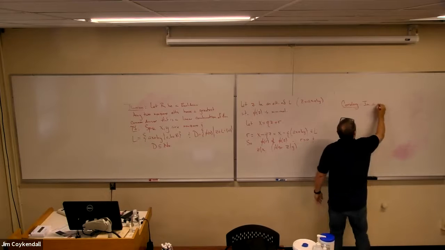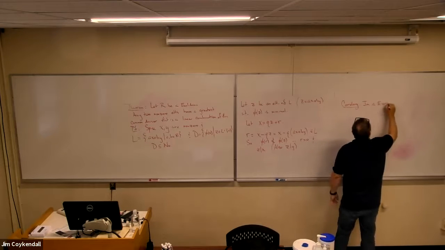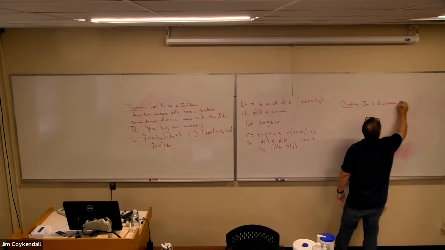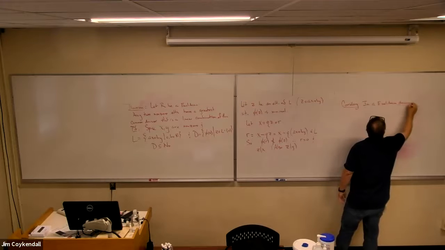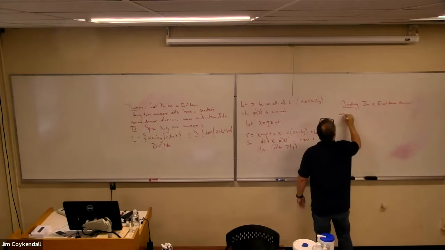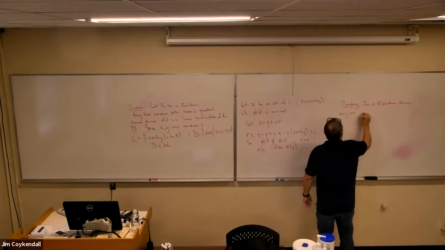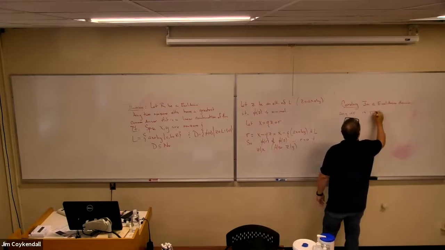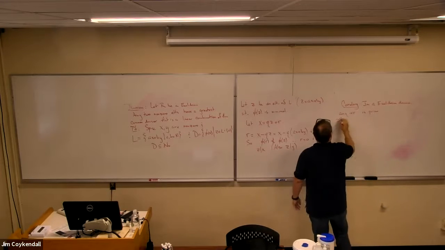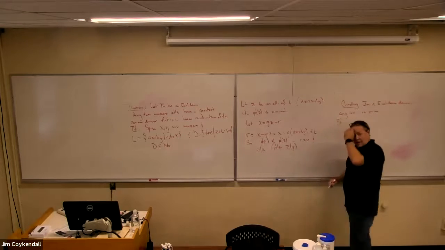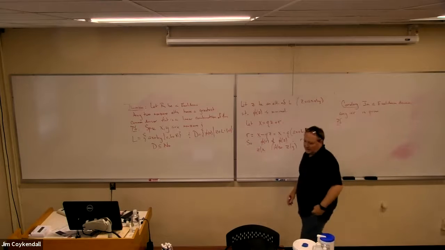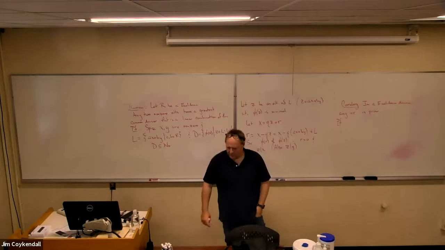In a Euclidean domain, any irreducible is prime. And this is actually going to do it, and I'll tie this together in a fun way in a moment.